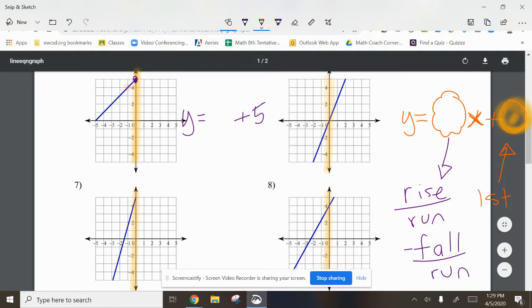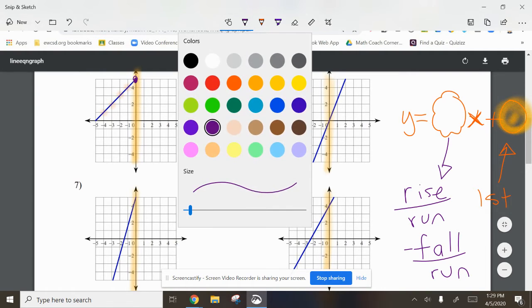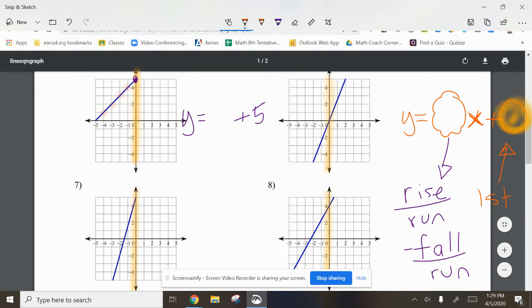Luckily for this one, there's a bunch of points. There's a point there, and there. If I'm going to do this one, it's up 1 over 1. Rise 1, run 1.